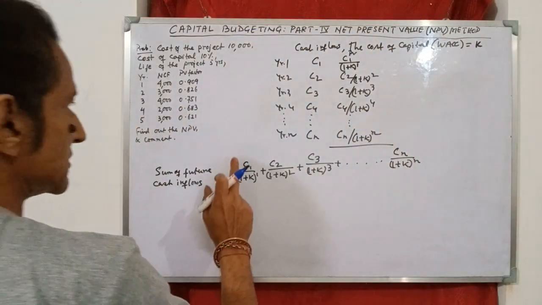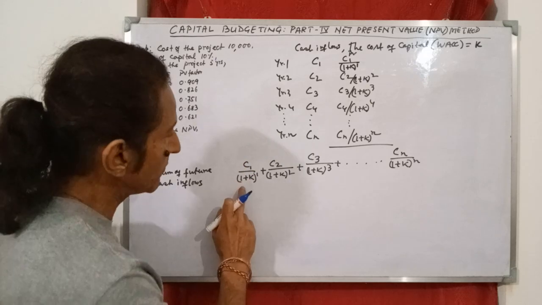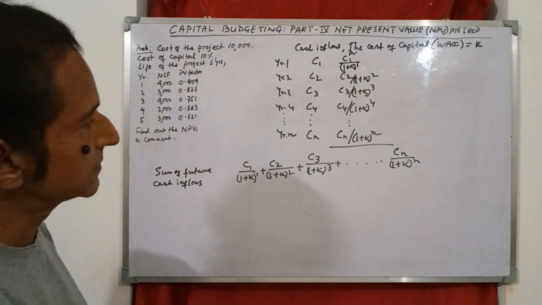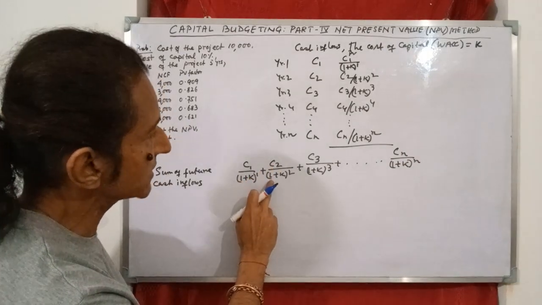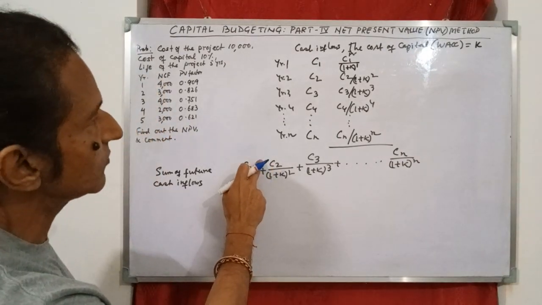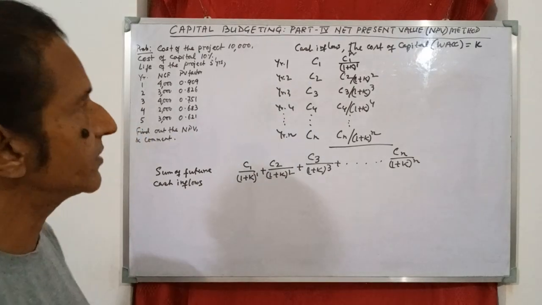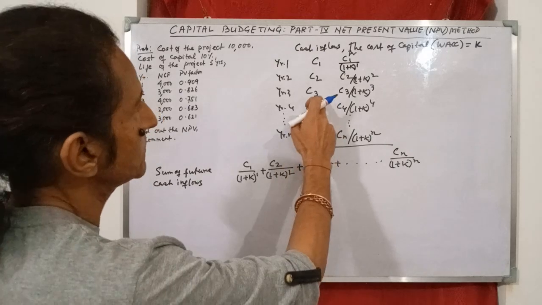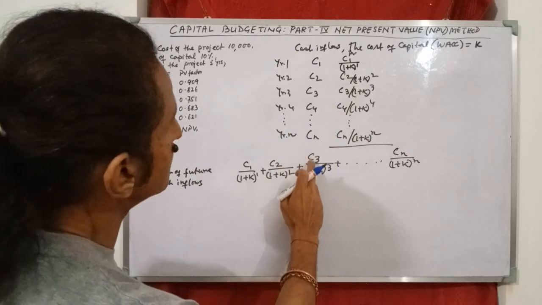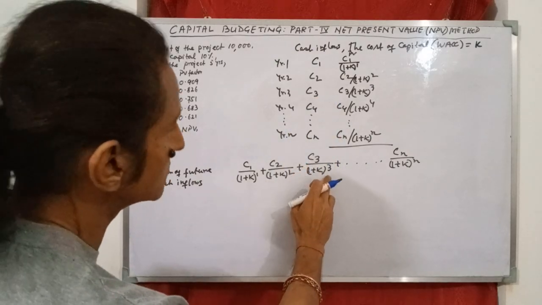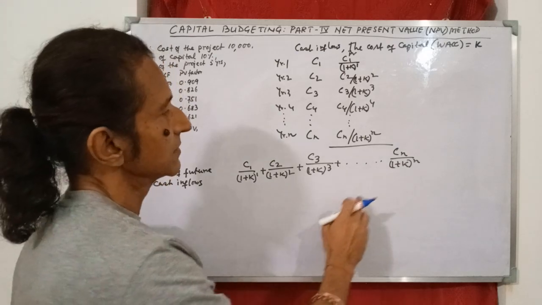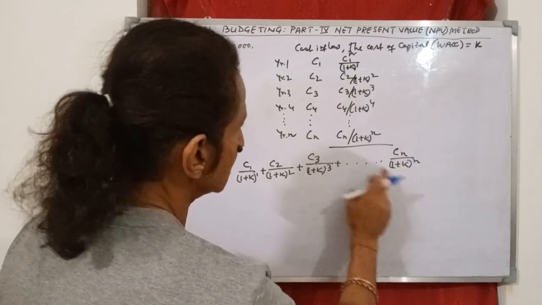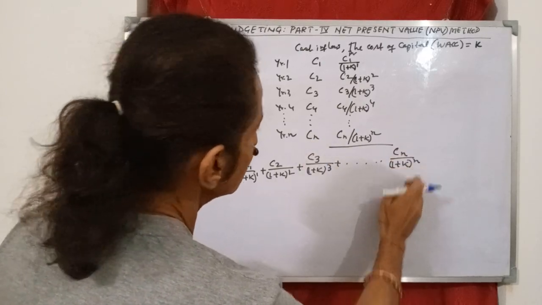That will be C1 by 1 plus K to the power 1 where C1 is the cash inflow in year 1, C2 divided by 1 plus K to the power 2, C2 is the cash inflow in year 2, that is at the end of year 2, after end of year 2, C3 becomes C3 by 1 plus K to the power 3. In this way, the cash inflow in the nth year is Cn, so present value will be Cn divided by 1 plus K to the power n.